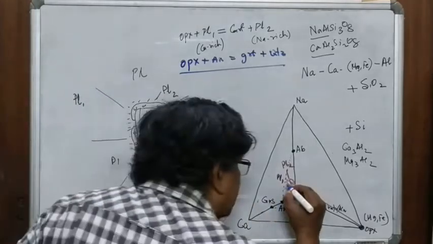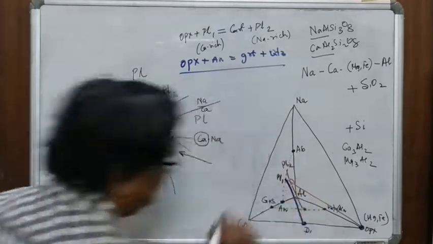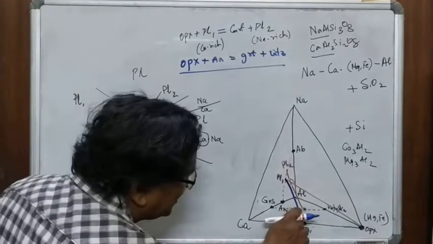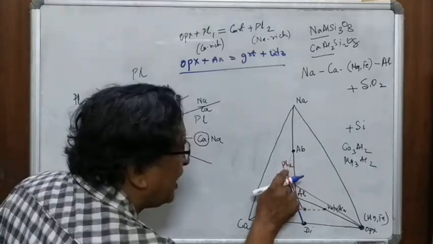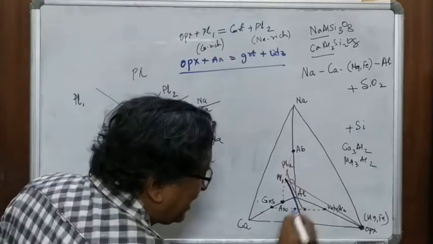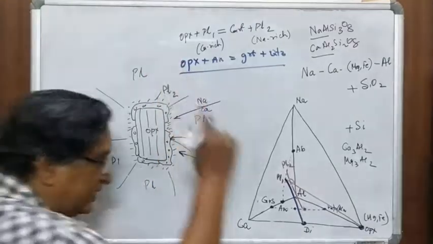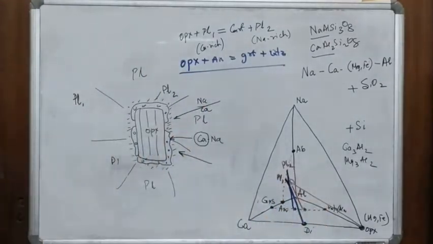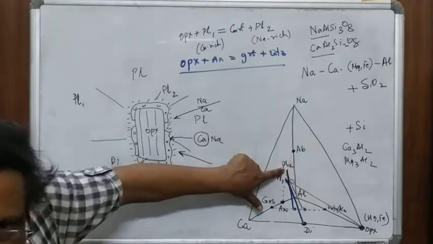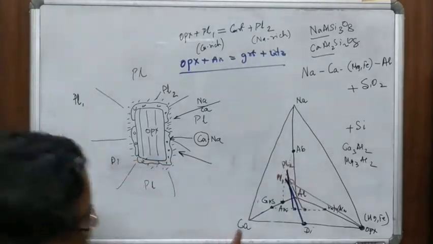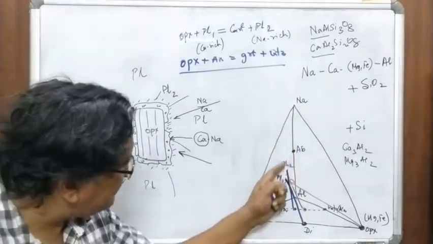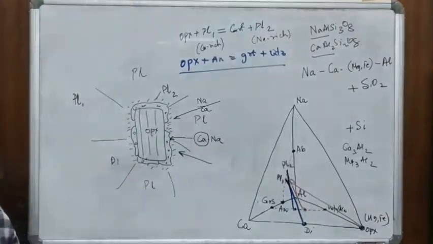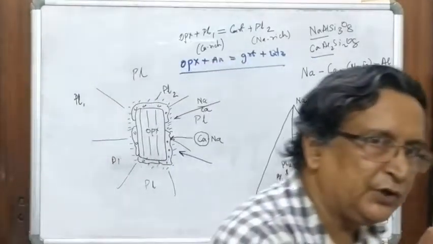Say I take diopside and plagioclase 1. Now you see we'll have a problem. Your garnet composition, to tie line it, you have to have a composition here and you have to have a garnet composition here in order that these two intersect. But whether it is intersecting or not, the plagioclase 2 composition should be more albitic. It has to be higher. You can't have a plagioclase composition lower than this because the two tie lines would never intersect. So that is something that is very important.